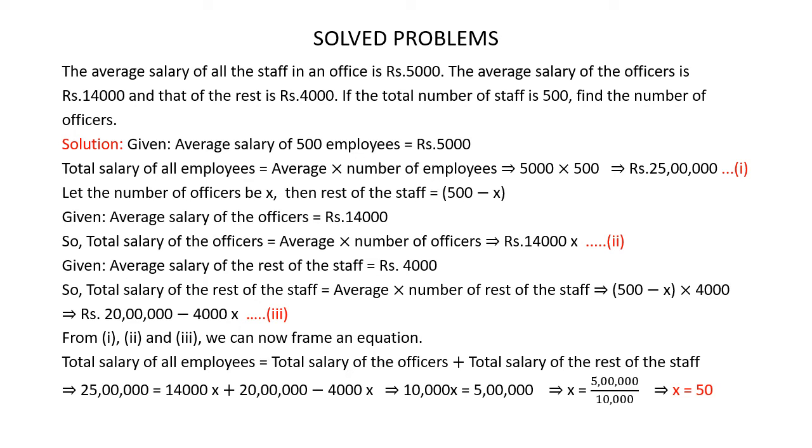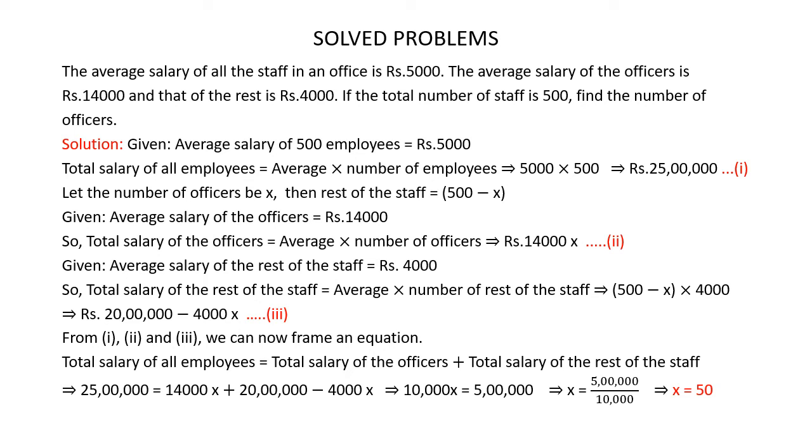Now we know that the total salary of all the employees is 25 lakhs. The total salary of the officers is 14,000x. Total salary of the rest of the staff is rupees 20 lakhs minus 4,000x. So from equations 1, 2 and 3 we can now frame an equation. Total salary of all the employees is equal to total salary of the officers plus total salary of the rest of the staff.